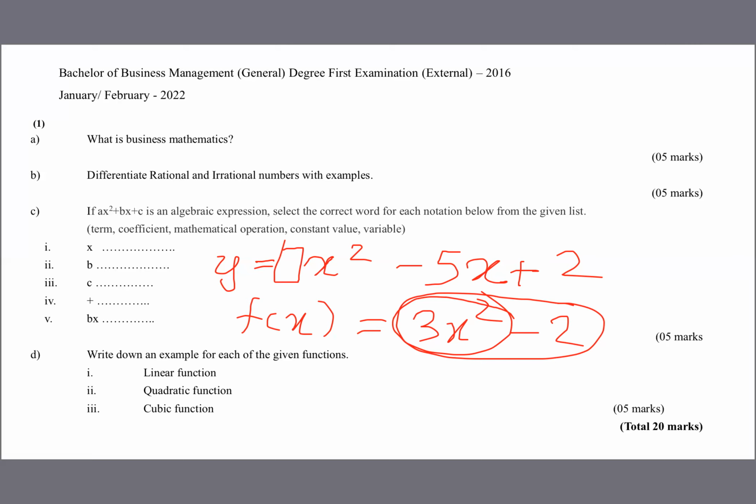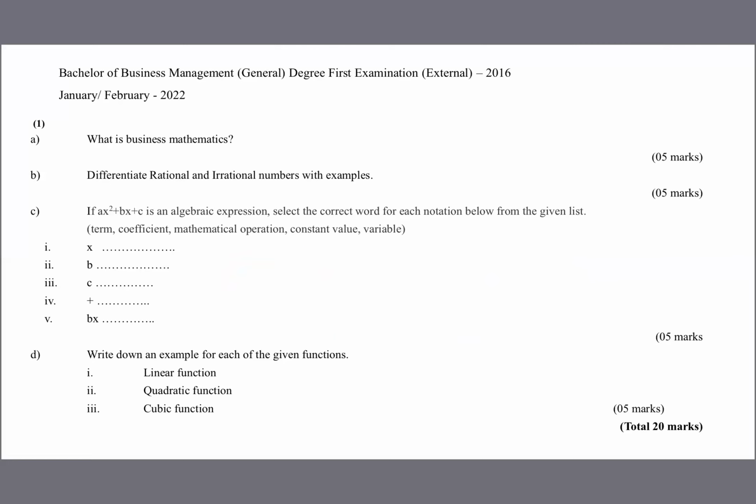Okay. It is very similar for the cubic function. That means the highest power of the term should be 3. So then you can write one example again. For the cubic function, y equals 3x cubed plus 2x squared plus 5x minus 1, right?